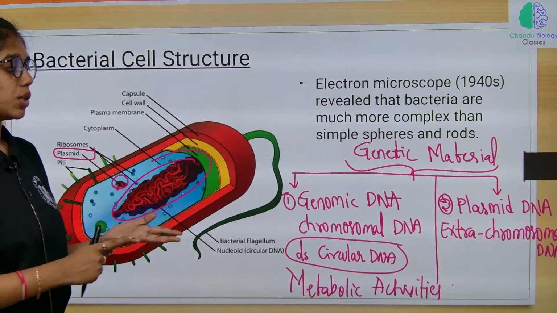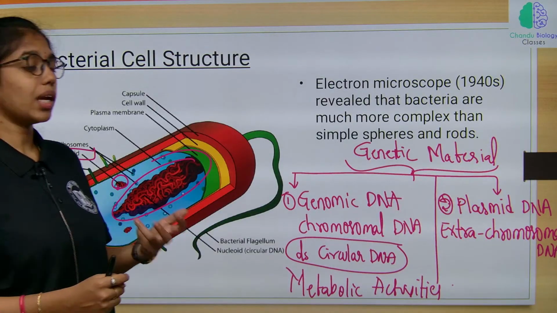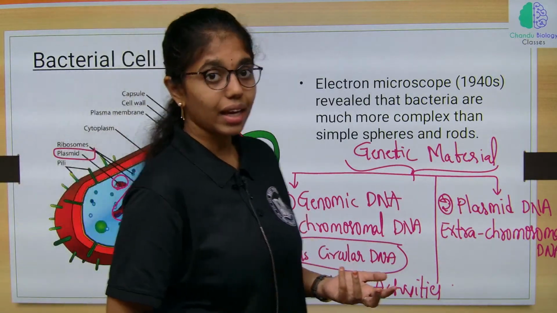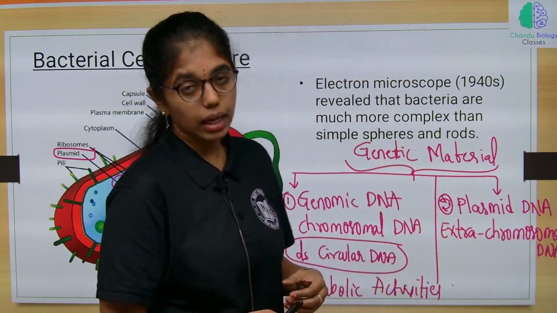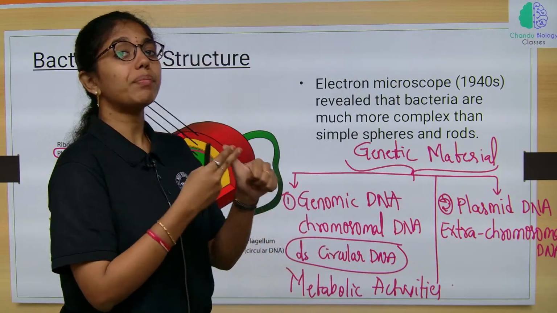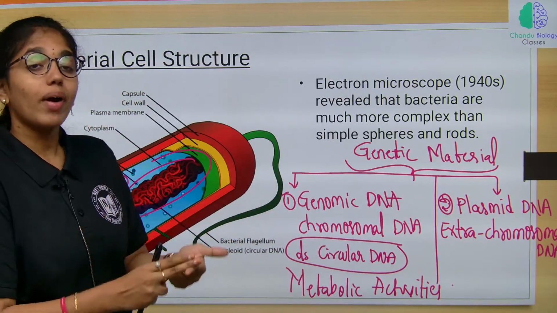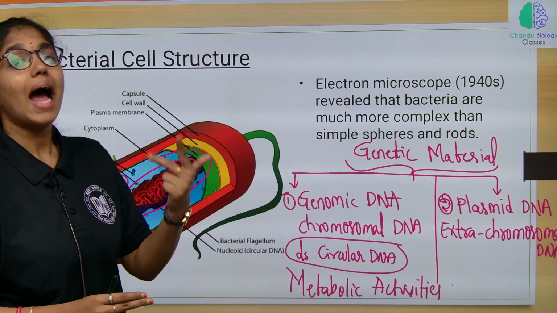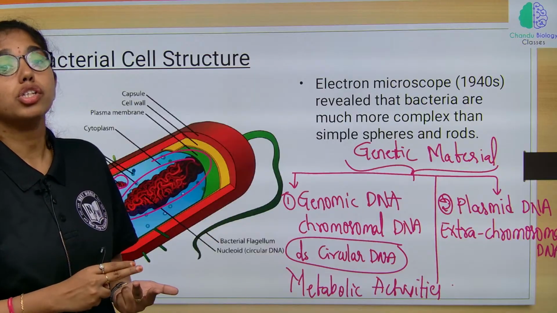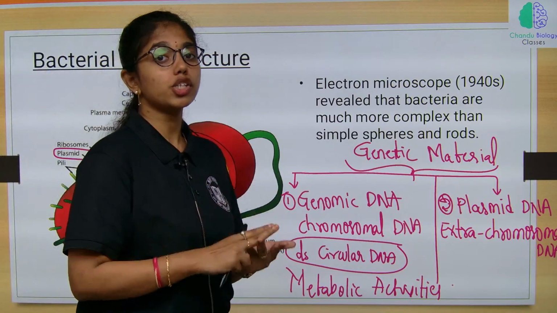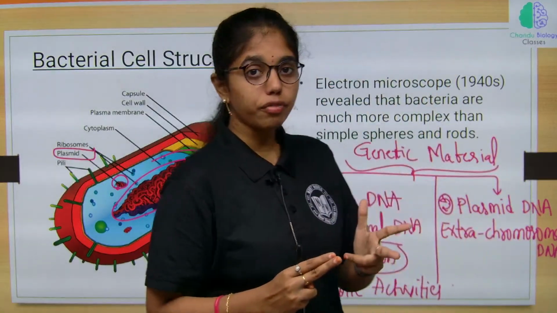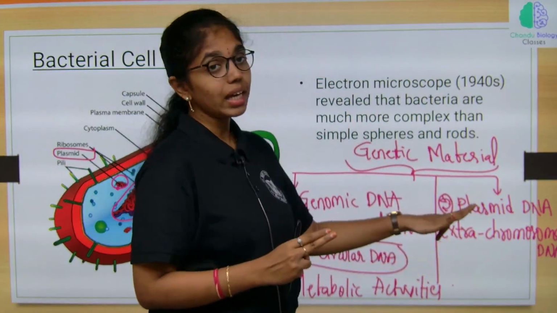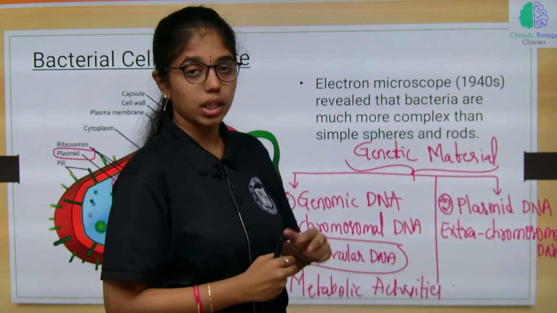It focuses mainly on a few functions like giving a particular phenotypic character to the bacteria, providing resistance to antibiotics, and most importantly conjugation, conducting sexual recombination of one type, that is conjugation. These 3 functions are modulated by plasmid DNA which is present in the bacteria.